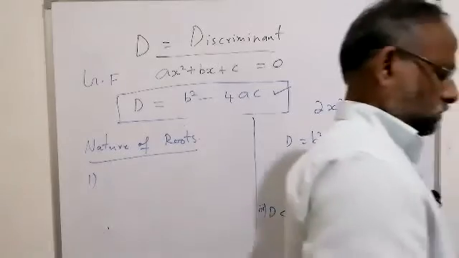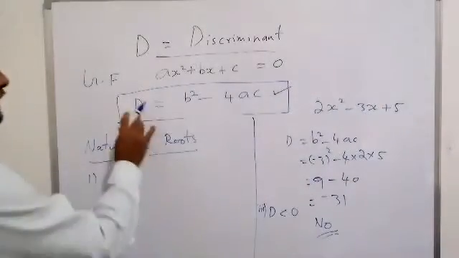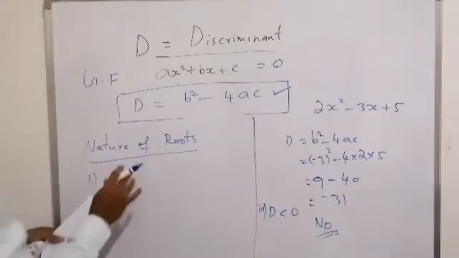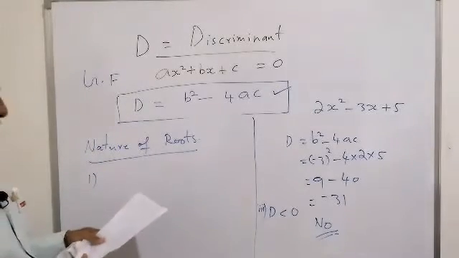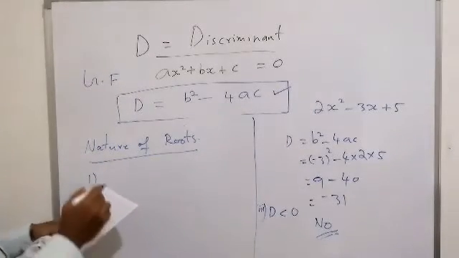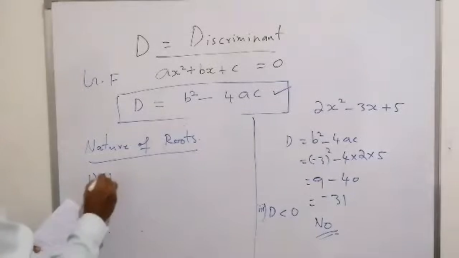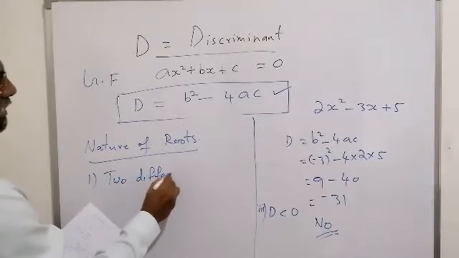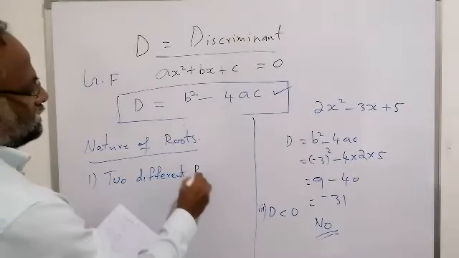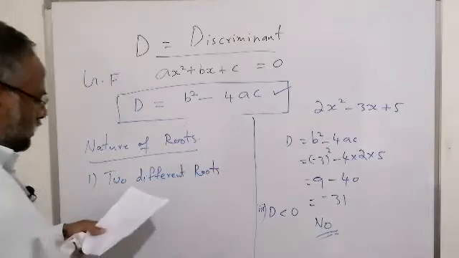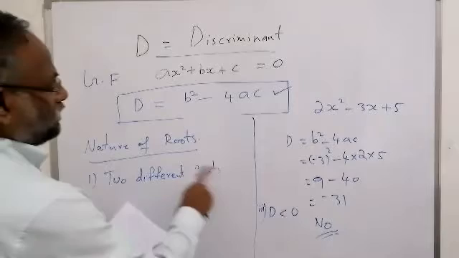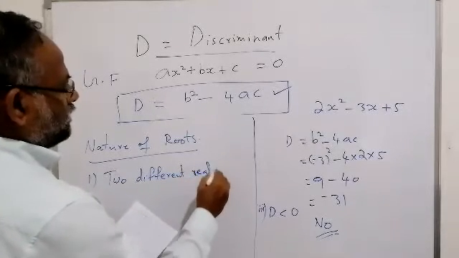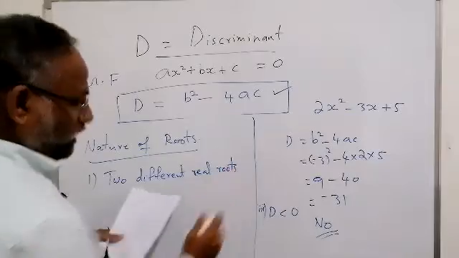D is b² − 4ac. Now write here, nature of roots.